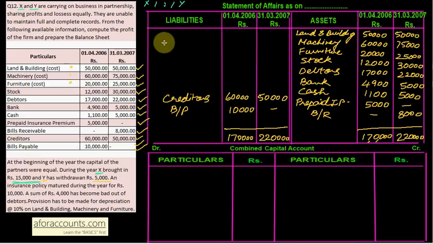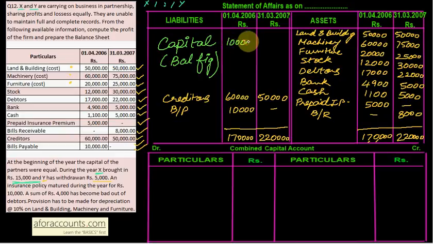Why did we make the statement of affairs? To find out the capital. Capital will be your balancing figure. 1,70,000 minus these two items comes up to 1 lakh, which is your opening capital. 2,20,000 minus 50,000 comes up to 1,70,000. So your capital is your balancing figure.